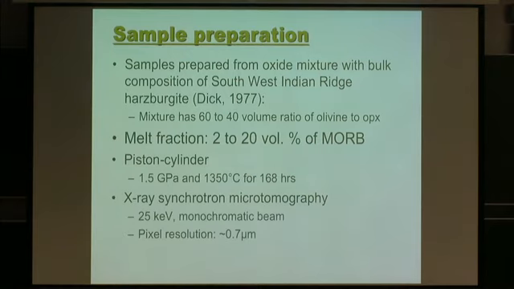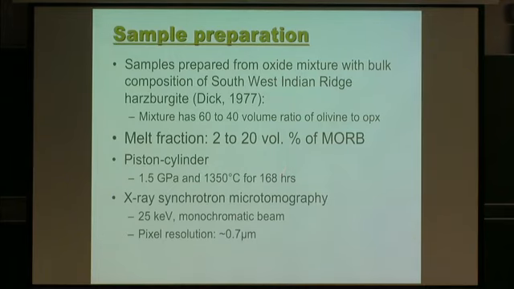Then to produce a 60 to 40 volume ratio of olivine to OPX, the melt fraction again is 2%, 5%, 10%, and 20%. Again, this is a piston cylinder experiment at 1.5 GPa and 1350. For all of these it's about 168 hours, and we also did a time series for only the 5% melt.